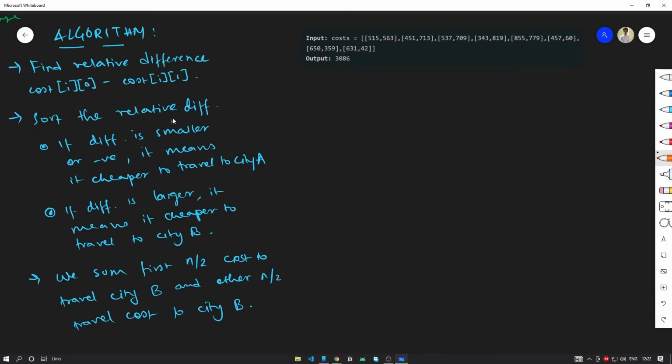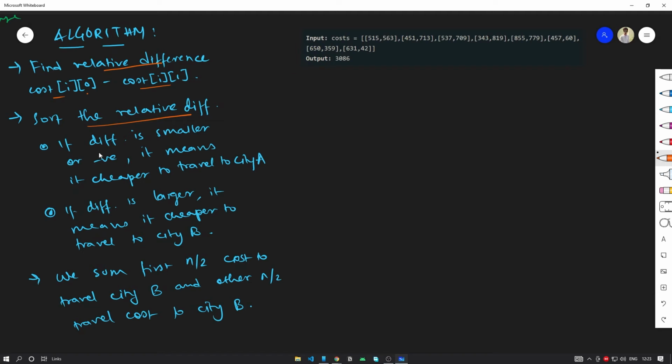So our algorithm comes out to be something like this. First of all, we have to find the relative difference, that is the cost of the ith person to travel to city A minus the cost of the ith person to travel to city B. After finding it for each person, we have to sort the relative differences in ascending order.